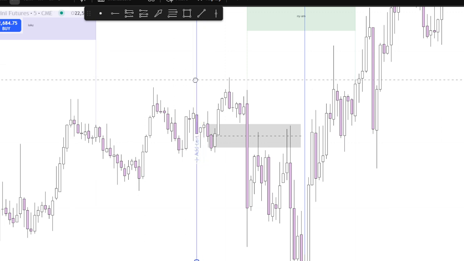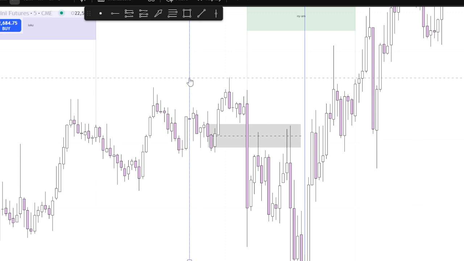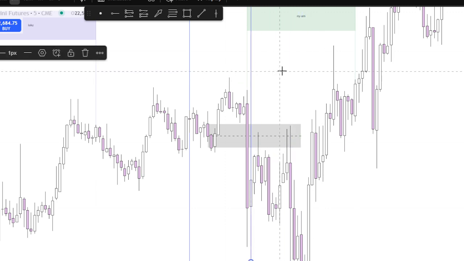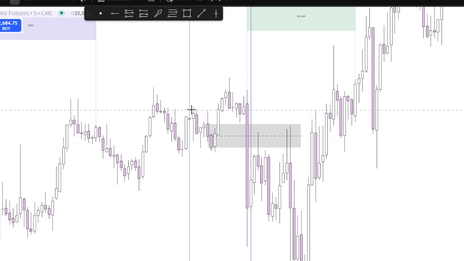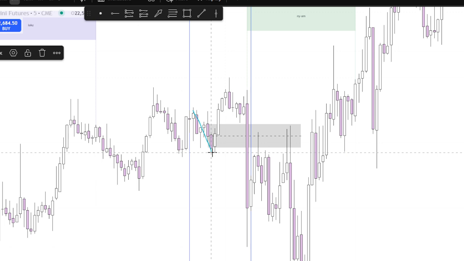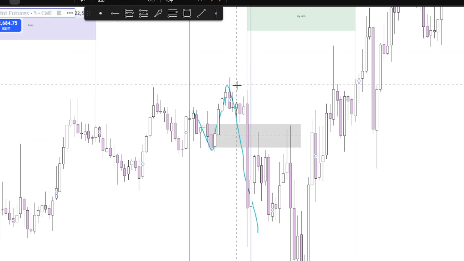From this candle, what do you see? How does price move from this line to this line? How does price move? Zigzag, right? We see up, down, up, down. That is the pattern you need to remember for a breaker block.